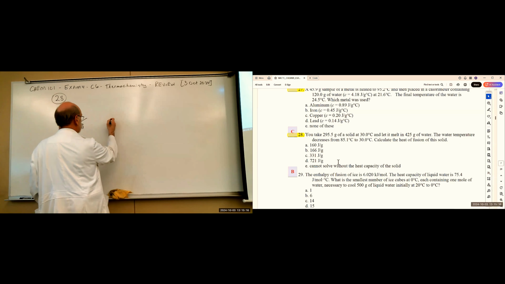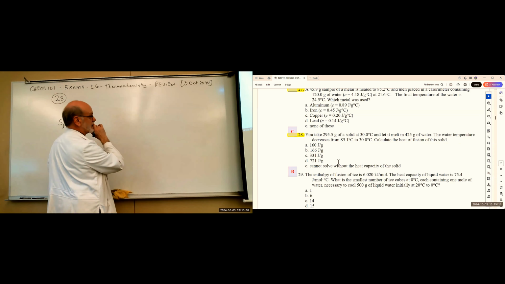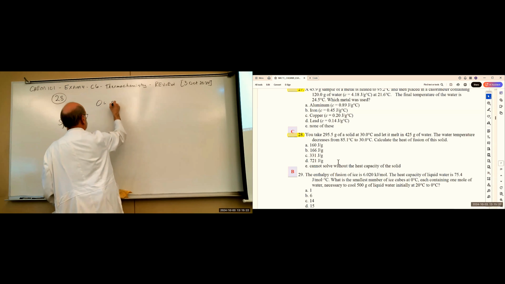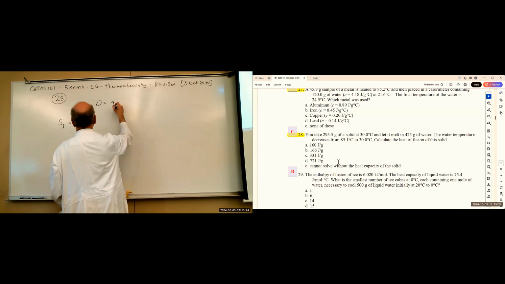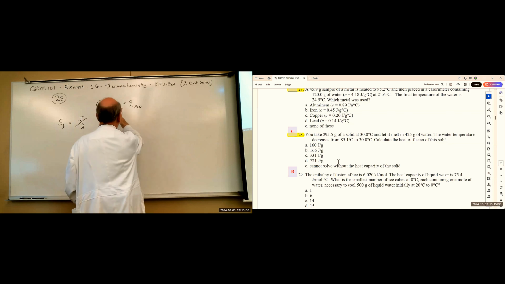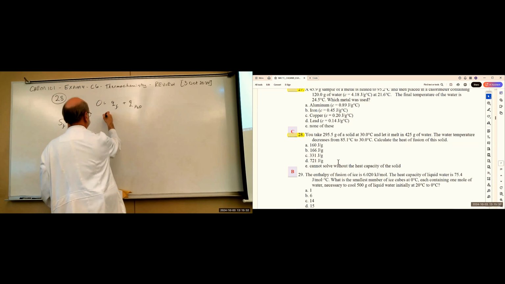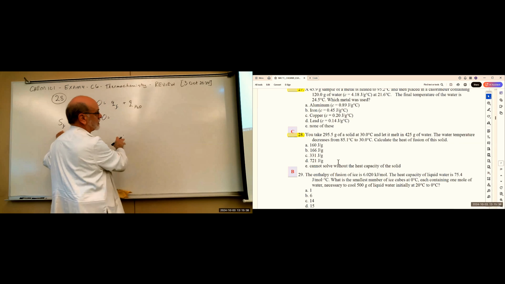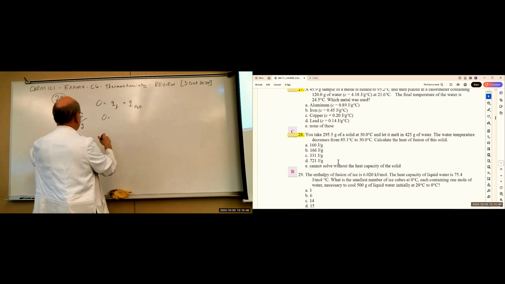So the amount of heat, let's see, we can do it this way: 0 equals Q for the fusion plus Q of the water. And that should be equal to 0. So Q of the fusion would be this value, and that's what we have to determine.